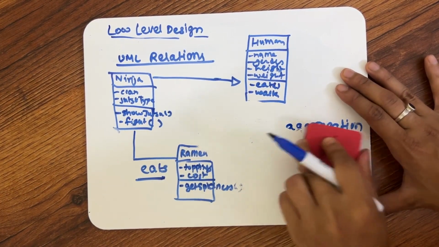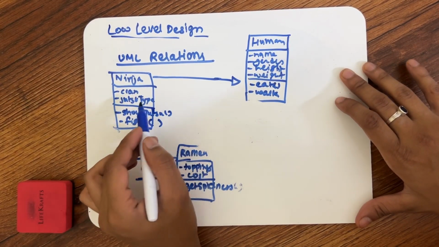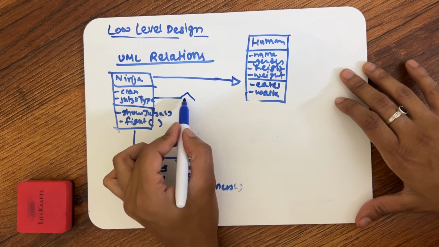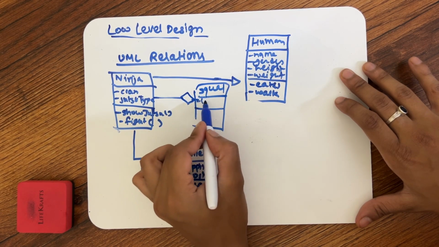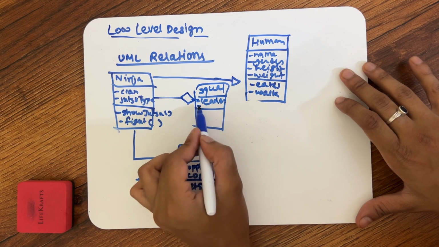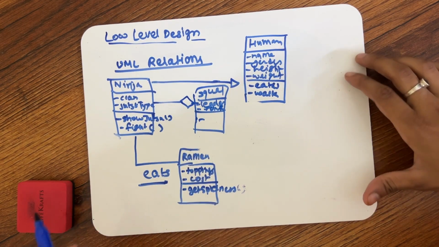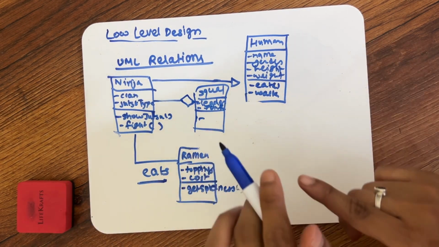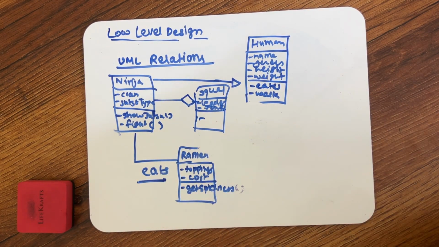So here let me simply give you an example of aggregation. Suppose ninja can exist in a squad. Squad will have leader, squad will have rank, and the methods that I will say, squad will... I'm sure that you are not able to see what I have written, but yeah, you can listen to me and then you can understand. I will try to buy a tab soon and teach you there.